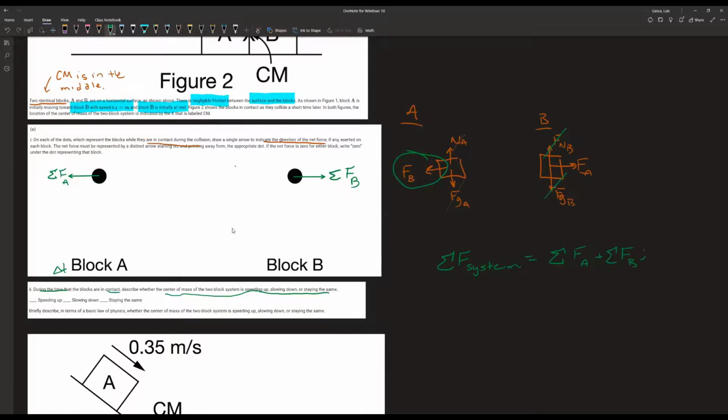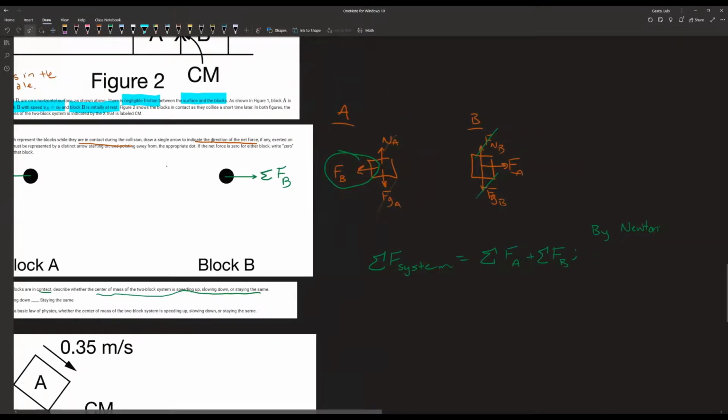But we already recognize, because of Newton's third law, these guys are an action-reaction pair. So the magnitude of the net force on A is equal to the magnitude of the net force on B, and they have opposite directions.